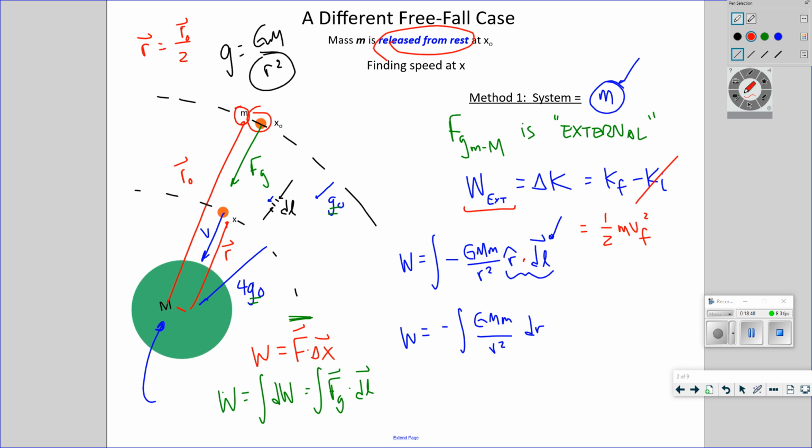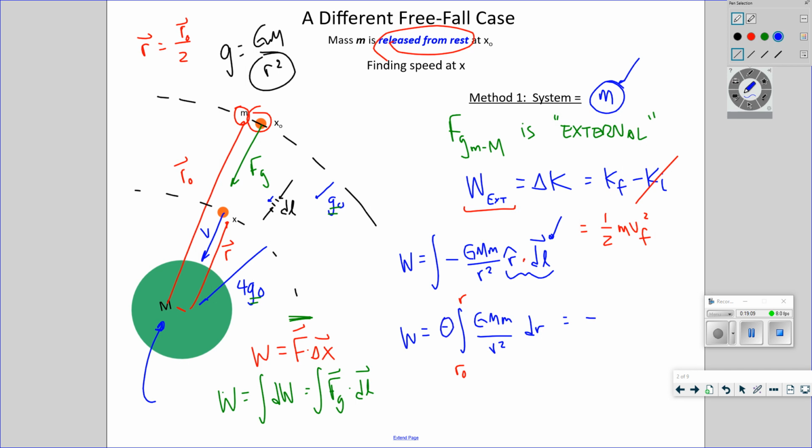Now, we are going from r naught to r. When we integrate this, first of all, we have this negative.